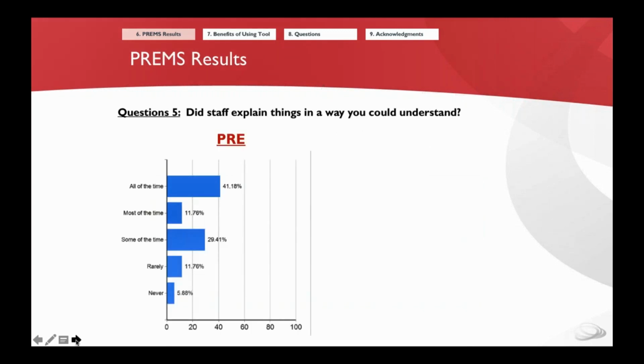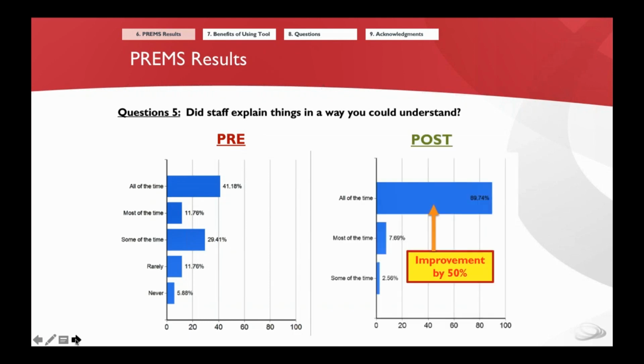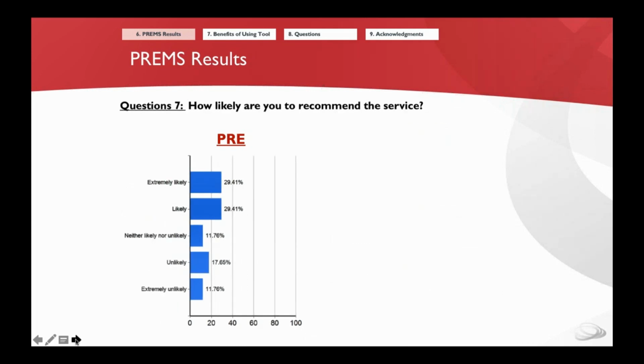Some specific questions they asked were around communication: the staff explained things in a way that you could understand. You can see that there was a 50% improvement after introducing these solutions in that patient experience.